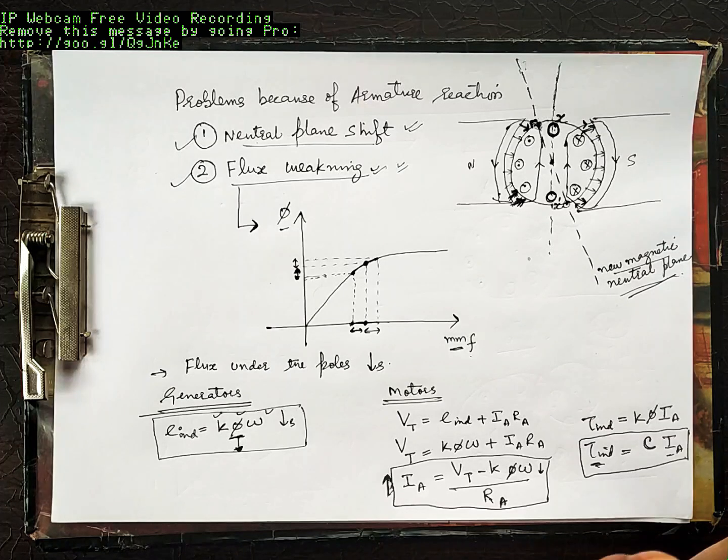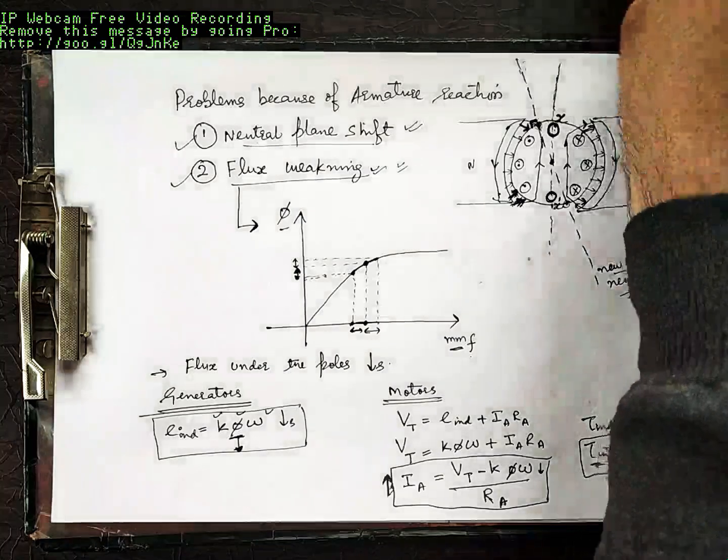When it draws more current, flux again decreases. When flux decreases, speed again increases. So this cumulative effect keeps on going, and some shunt motors can reach the runaway condition. How do you solve this problem? We'll come to that.